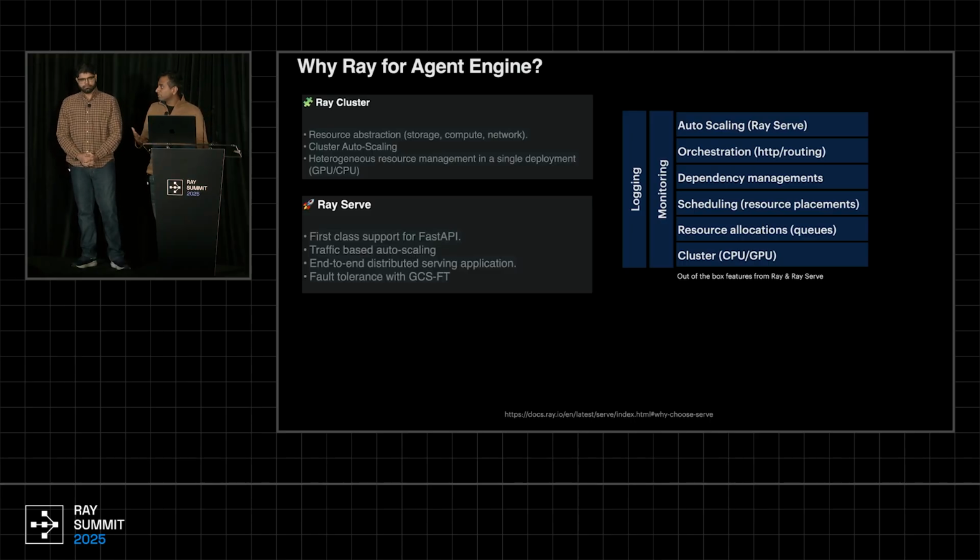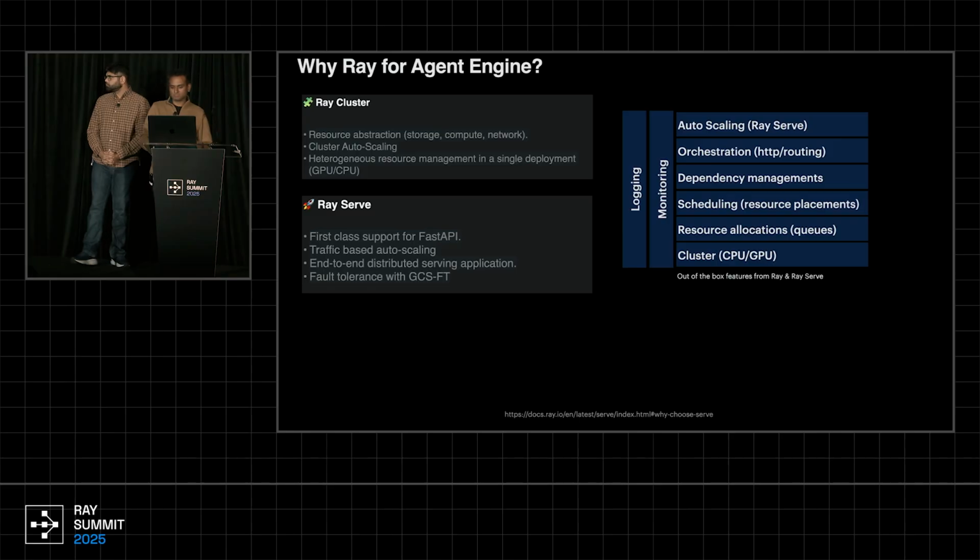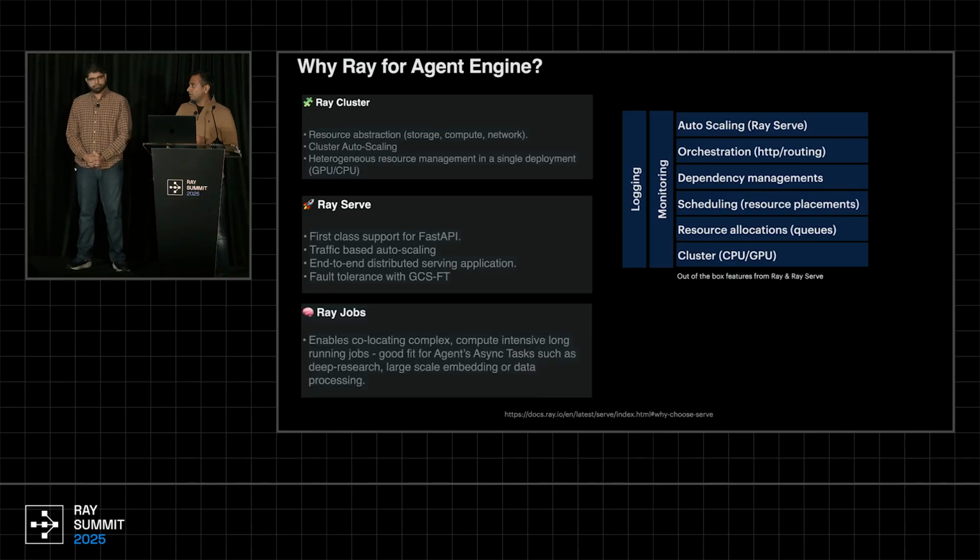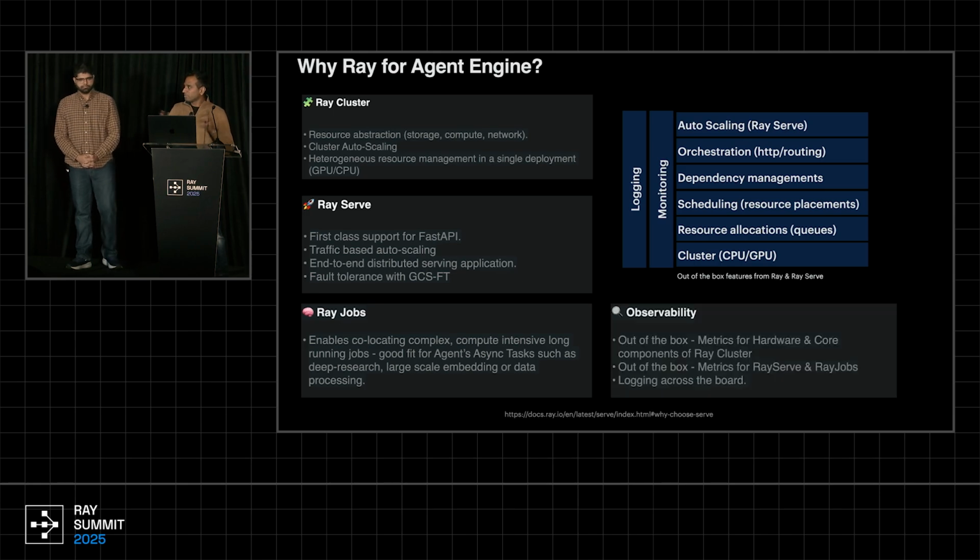Ray Serve helps us turn a simple API into a FastAPI that can auto-scale to traffic demands and also be fault tolerant. And Ray jobs are great at running async tasks. Finally, everything is observed. We get metrics and traces, all of these coming out of the box. So Ray is a great fit. Now I'll turn over to Bhumik, who will take us through the journey of building Ray Serve for agents.